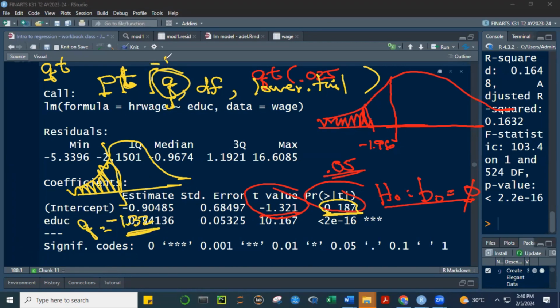The degree of freedom is n minus k minus 1, which is your 524. And lower tail is equal to, this time, because we're here, class, lower tail natin is ano, class? So what are you getting?